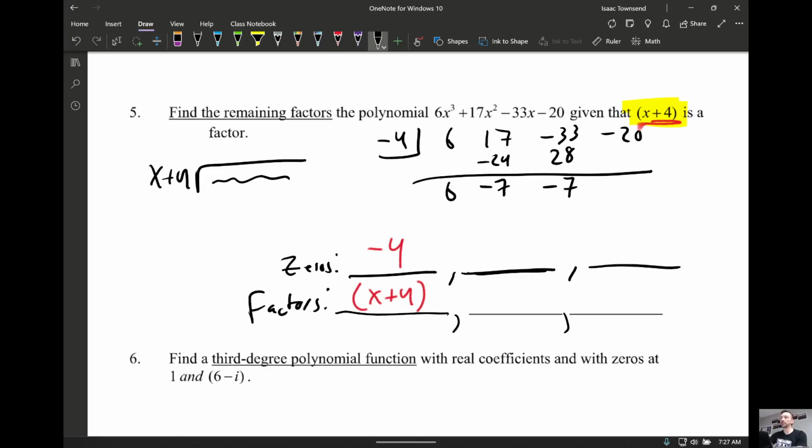Okay, I'm going to do something here. 1428. Okay, how should you know that that's not correct? Because what? What does it mean to be a factor?